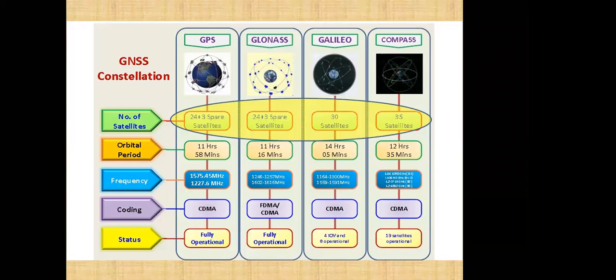Then frequency: GPS is working in the L band, and GLONASS and Galileo are also working in the L band, but on different frequencies. GPS is working in L1 and L2, GLONASS in L2 and some other band, and similarly Galileo.